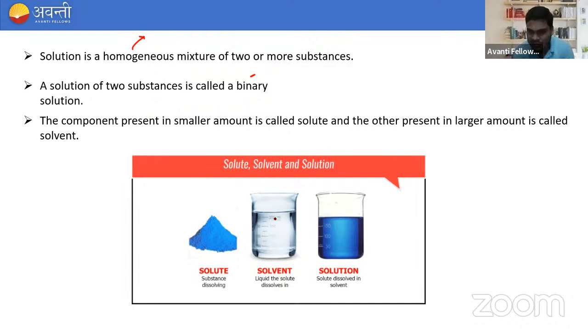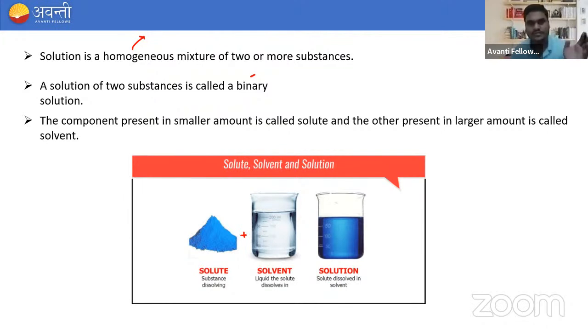And this acts as a solvent, because anything present in a larger amount is known as solvent, and solute plus solvent combine together to form a solution. So always remember this basic rule, that a solution is made up of solute plus solvent. It's not necessary that the solvent is always liquid.